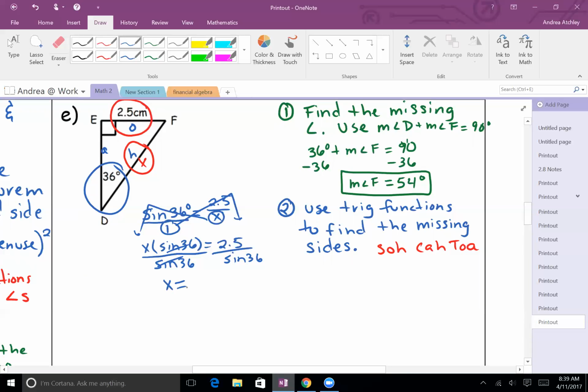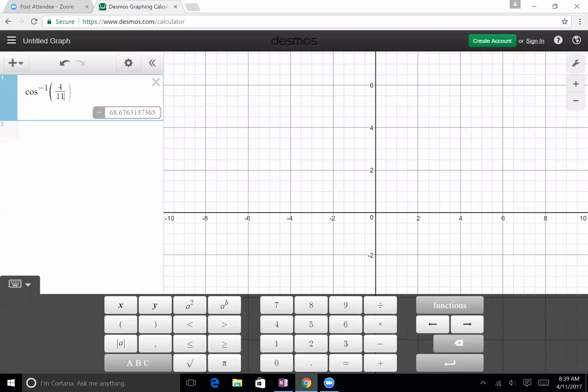Okay, I'm going to plug that into my calculator. 2.5 divided by the sine of 36. 4.25. We're going to round it to 3. Oh, sorry, to 2 decimal places.